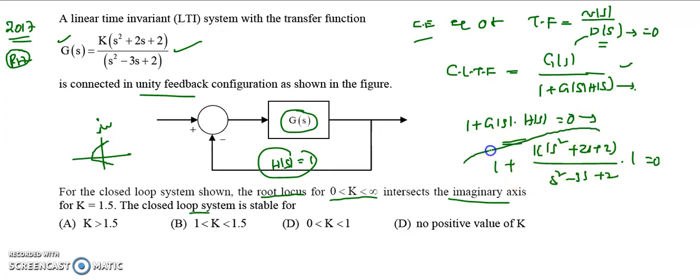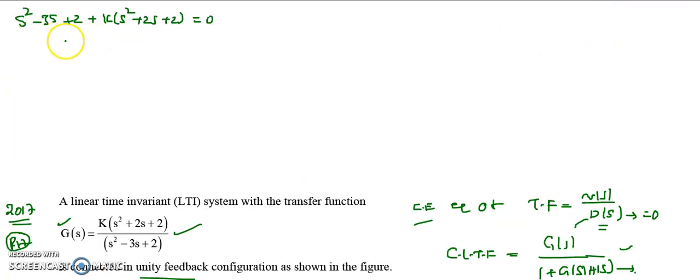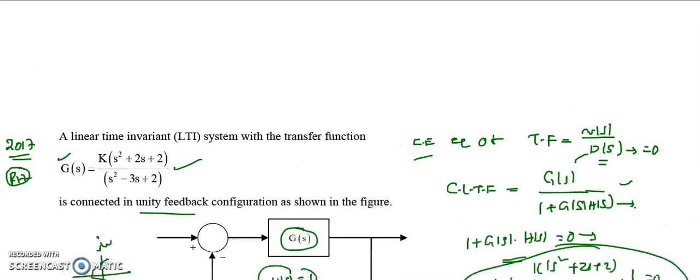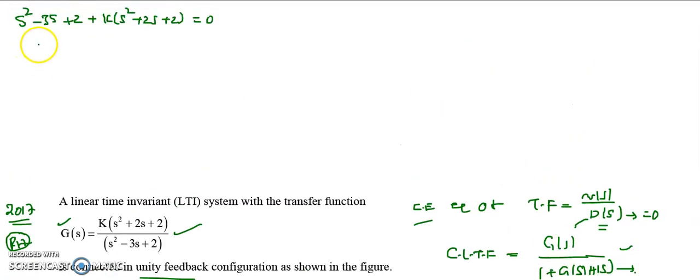If I simplify this expression by taking the LCM, the s square coefficient is 1 plus K, the s coefficient is minus 3 plus 2K, and the constant is 2 plus 2K, equal to 0. So now this is the characteristic equation of the given second order transfer function.